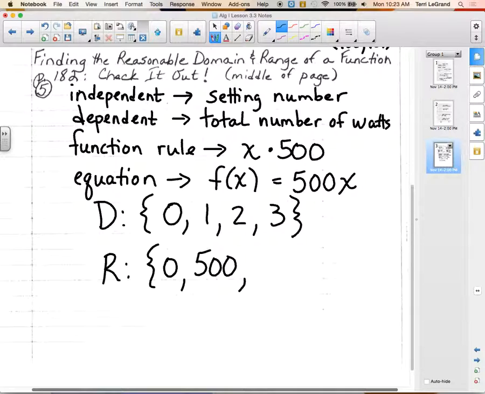What's our next one? 1,000. 500 times 2. And what's our last range value? 1,500. Okay. Questions on that one? We kind of practiced a few different things in that. Okay.